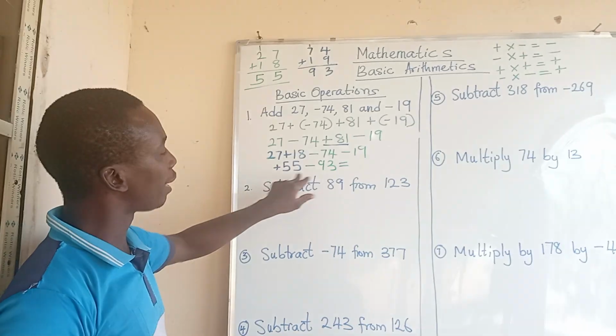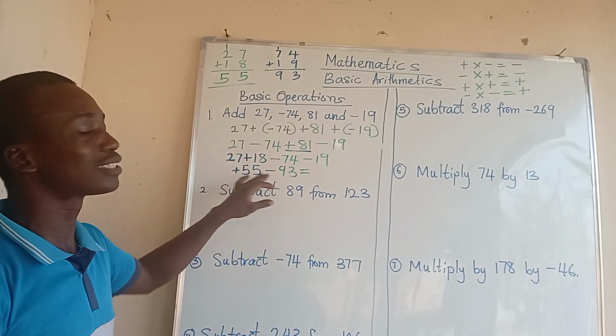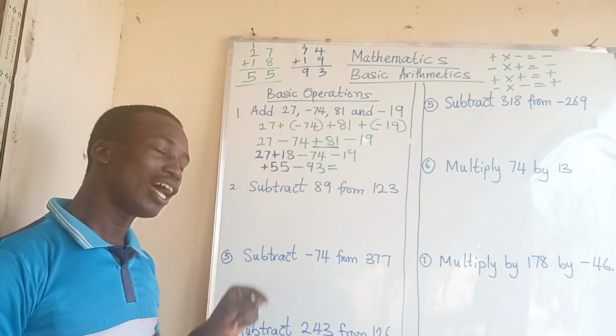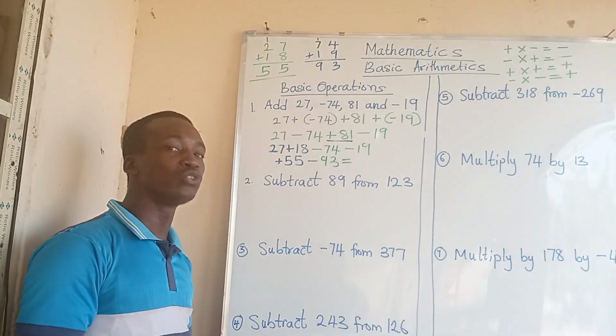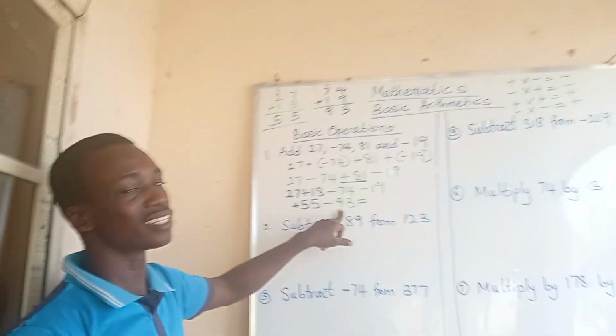So when you have two numbers that have different signs, what do you do? You are going to subtract them from each other. But eventually, your answer is going to carry the sign that has the largest number.